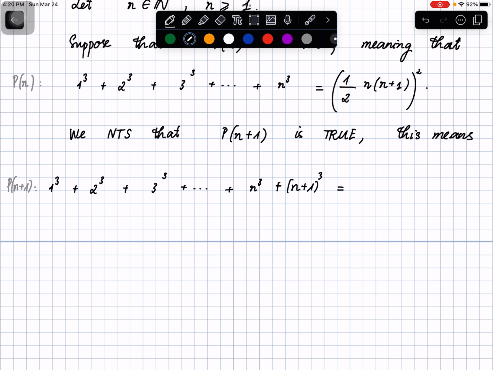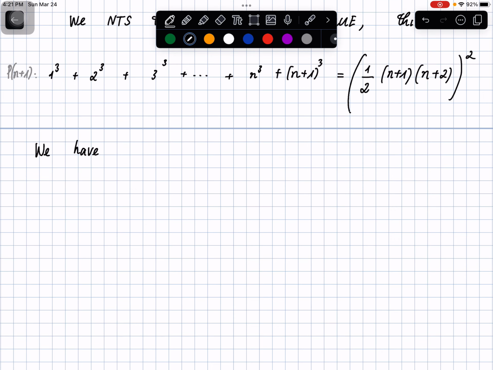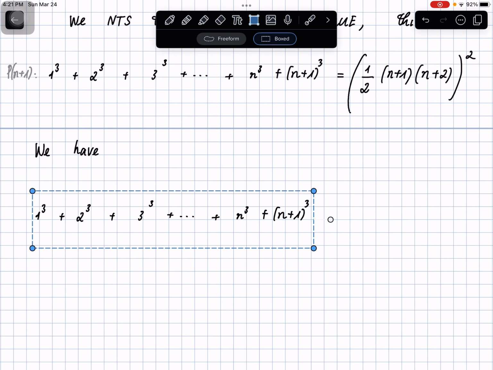The right hand side, every time you see n, we replace it by n plus 1. So 1 over 2, the first one is n plus 1, second one is n plus 2, squared.